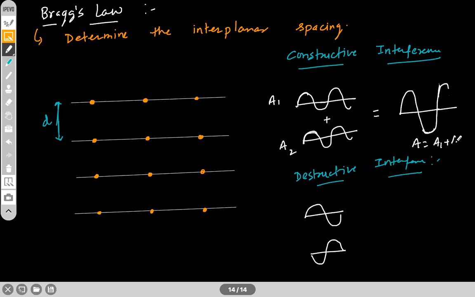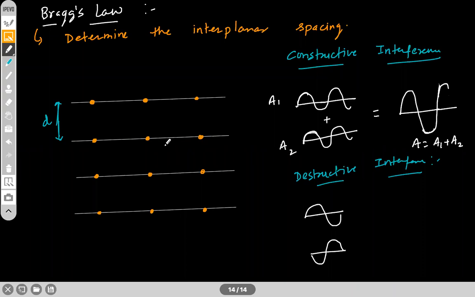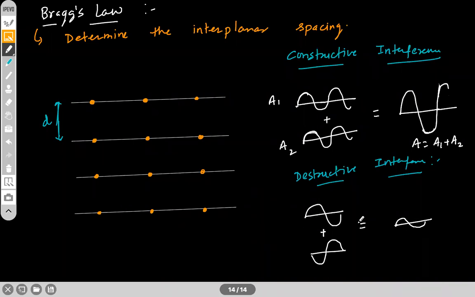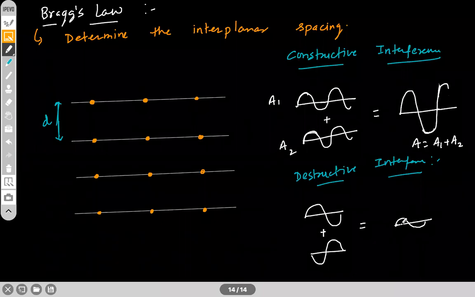Just one piece of information you should have to understand this. But if you have two waves with opposite phases, then the net wave will have lesser amplitude, depending upon the amplitudes of the two. If they have equal amplitude, then this will be zero. We don't see any wave, it's a straight line. The net amplitude A equals A1 minus A2.